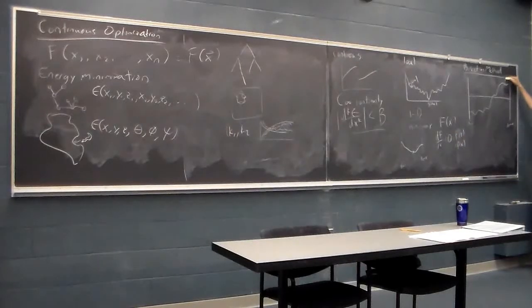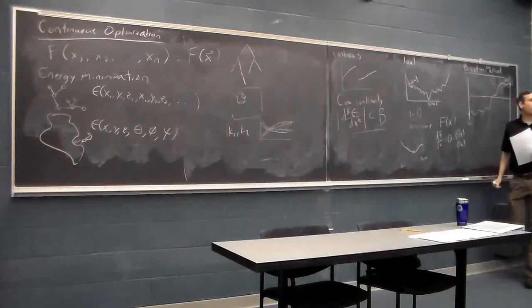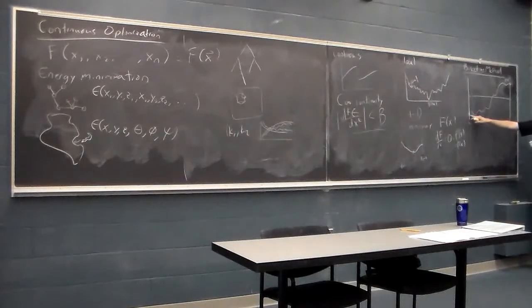So if we're trying to find zeros of little f of x, then if we have a closed interval and we know that at one endpoint of this interval the value of the function is negative, and at the other endpoint the value of the function is positive, then adding in the continuity constraint tells us that there has to be a 0 in between this endpoint and this endpoint.